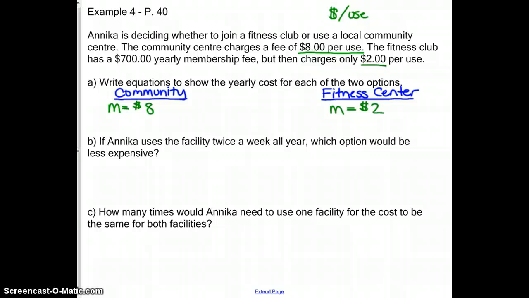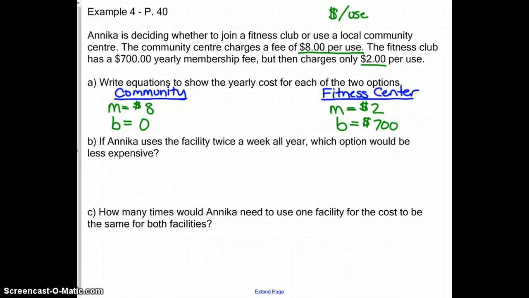Good. Now, the community center does not have a startup fee, so that means you'd start right at 0 on day 0. So your y-intercept would be 0. But for your fitness center, you start with $700 as your membership fee, so that would be your y-intercept of 700.